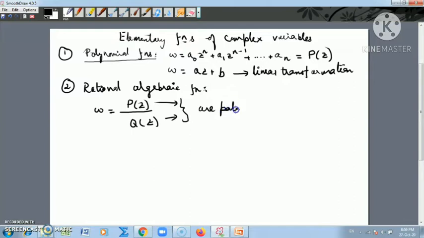When both are polynomials, then we call it a rational algebraic function, and this is also called a rational transformation.